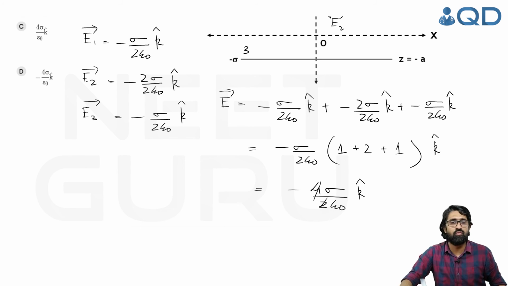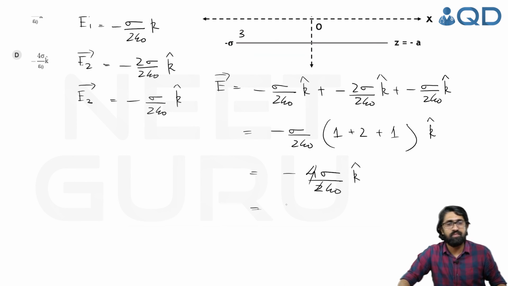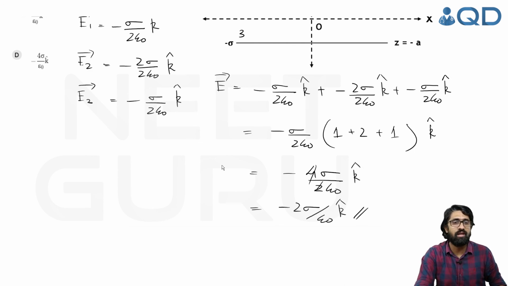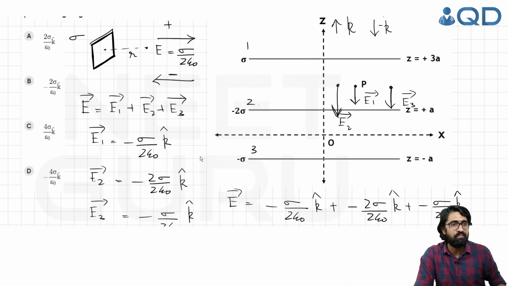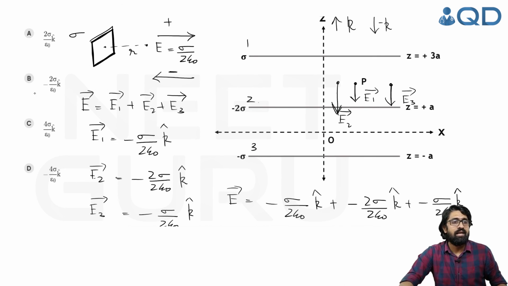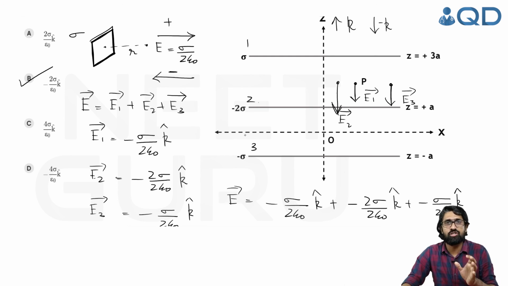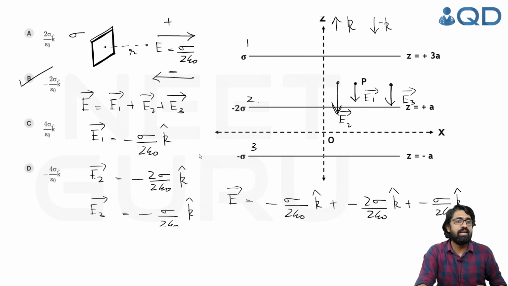When I cancel off 2 from both numerator and the denominator, the final answer would then be minus 2 sigma by epsilon naught k cap. Now, the option that matches with our solution will be option B, which says the correct answer is minus 2 sigma by epsilon naught k cap. And that is how we solve it. It is simply based on superposition principle and the electric field due to an infinitely long charged sheet.